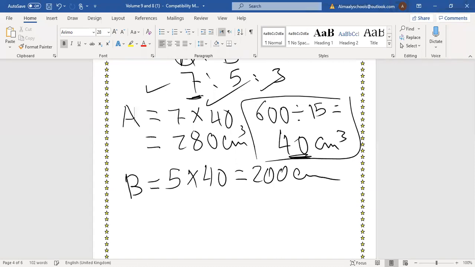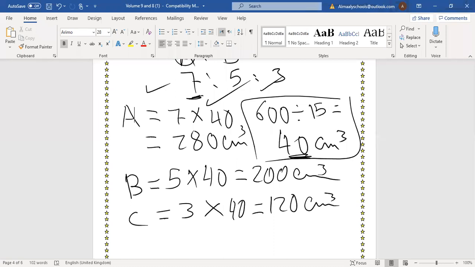And in the same way, we can find the volume of C. The volume of C will be 3 multiply 40 equals 120 centimeter cube. Understood? But he wanted me to calculate the radius. Mister, I did not understand.